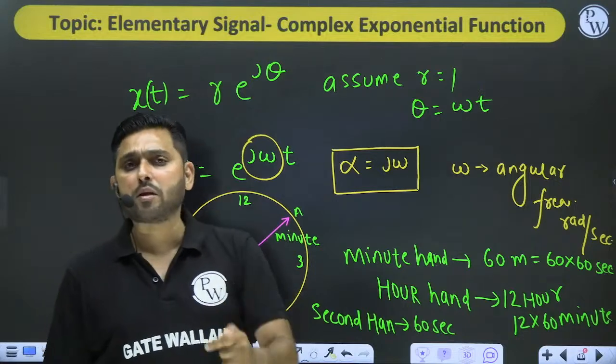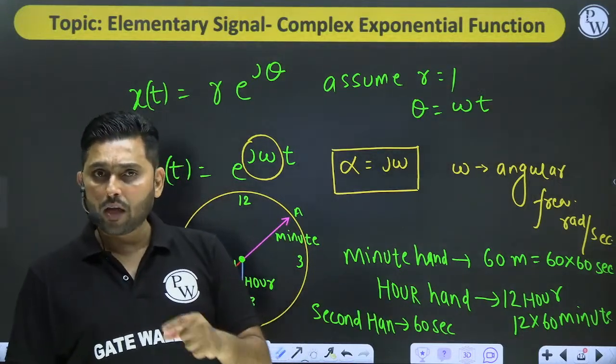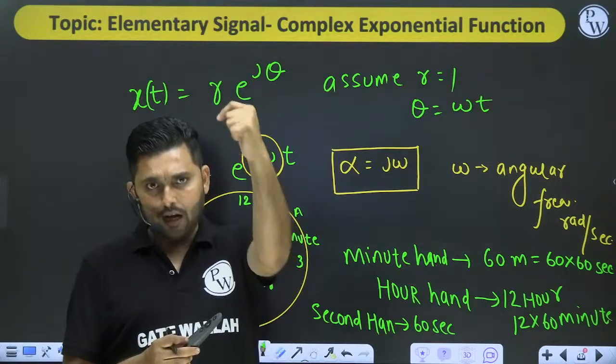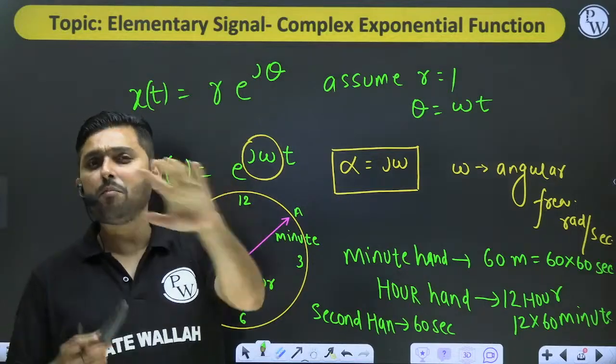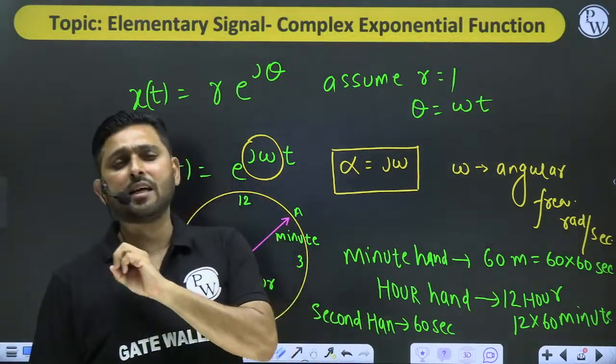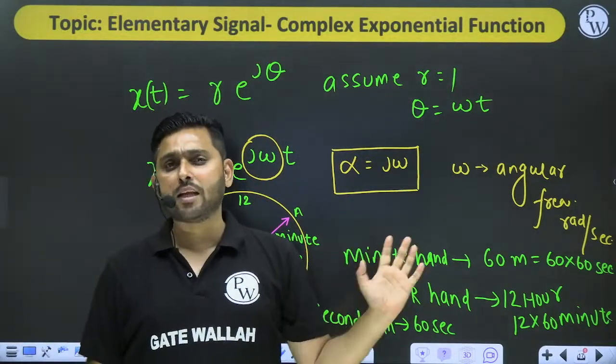Similarly, we have a periodicity of years. From January, after 12 months, the next year comes into the picture. Similarly, in our universe, infinite things are periodic in nature.